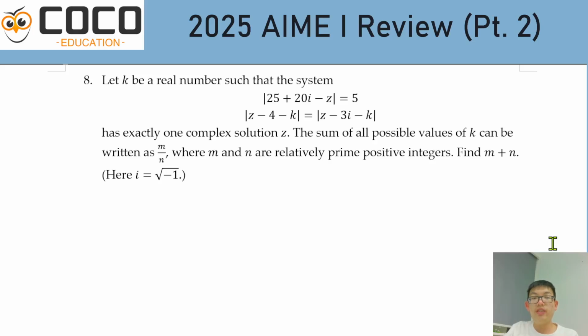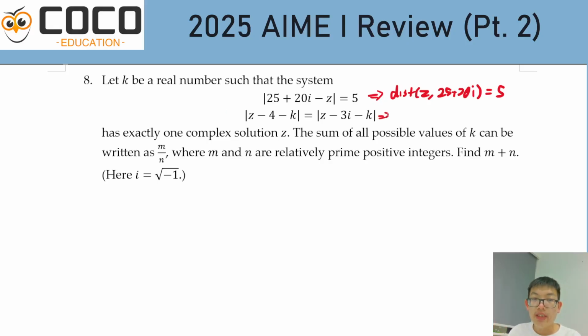First things first, this is the equation of a circle. The distance from z to 25 plus 20i is 5. In complex numbers, and even in real numbers, think of the absolute value of a difference as being the distance between these two when they are drawn out. So for real numbers it's on the number line, and for complex numbers it will be on the complex plane, or your Argand diagram.